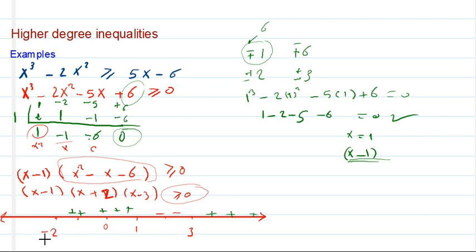So let's take a number less than -2. Let it be -3. -3 minus 1 is negative, -3 plus 2 is negative, and -3 minus 3 is negative. Negative multiplied with positive gives us a negative sign.